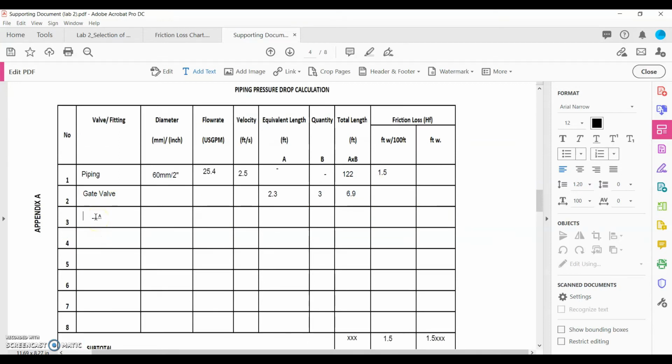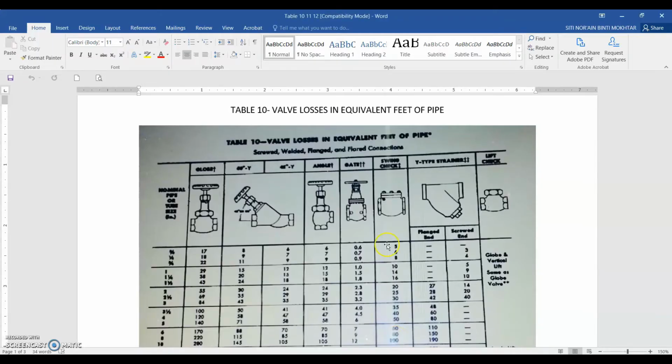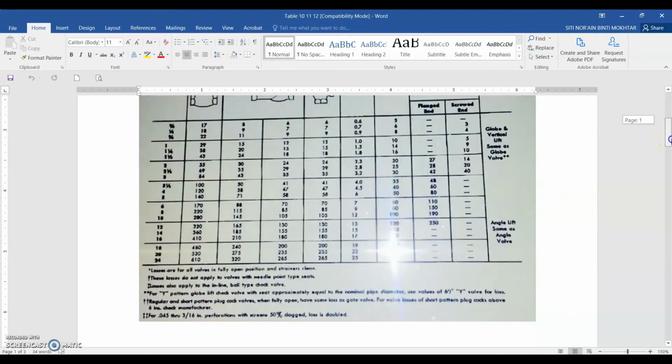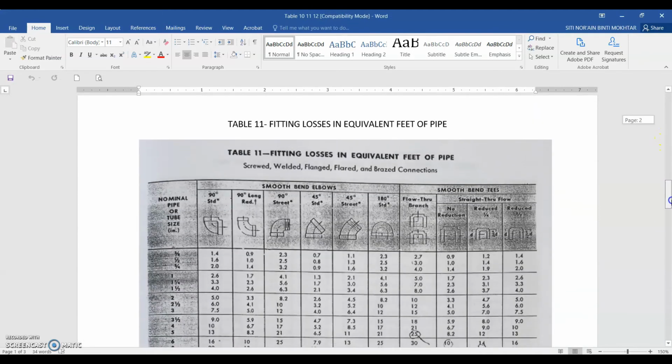And then for next, okay, what are the fittings attached in the piping? Okay, let's say you have an elbow 90 degree. So for the elbow 90 degree, you also put your diameter here, and then flow rate and velocity is dash dash, and then for your equivalent length, refer to your table. Elbow is at table 11. Fitting losses in equivalent feet of pipe for elbow. So many types of elbow here.